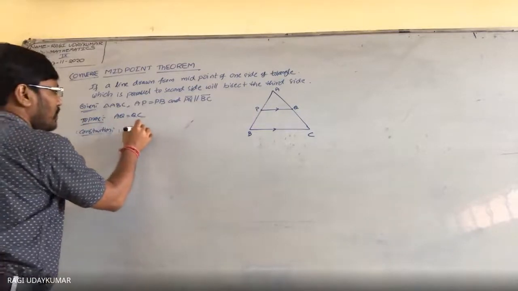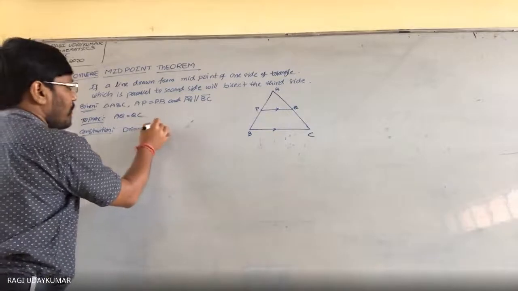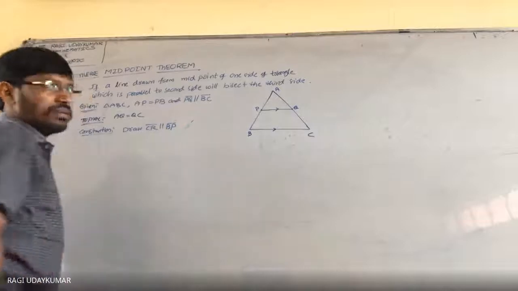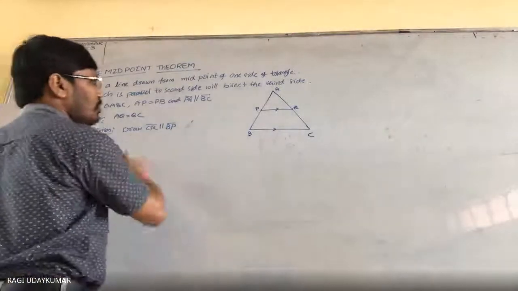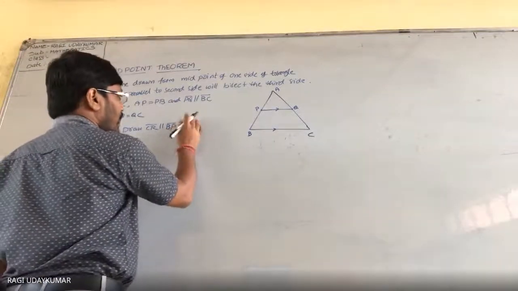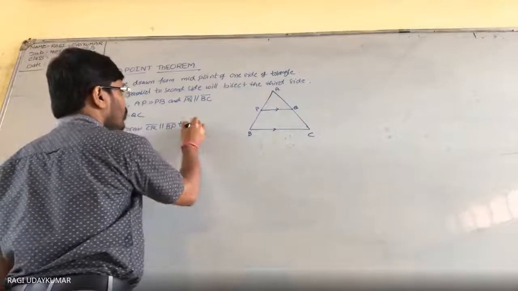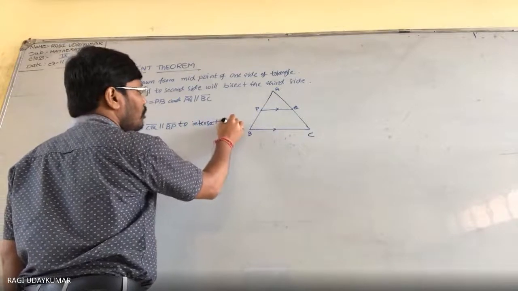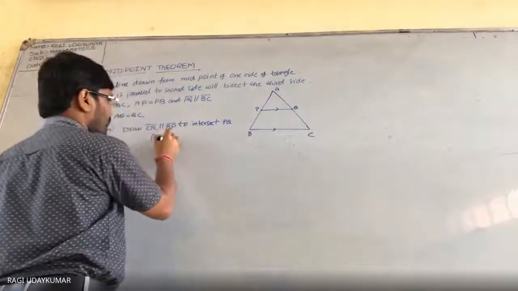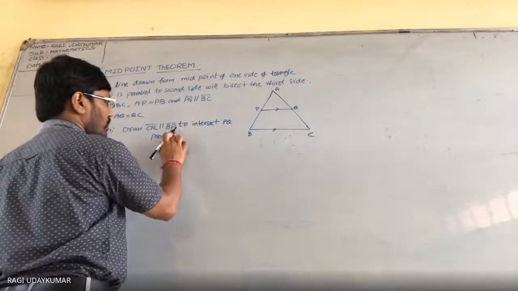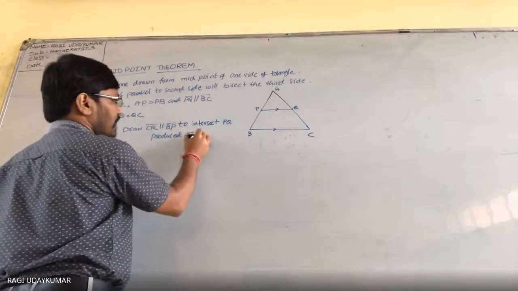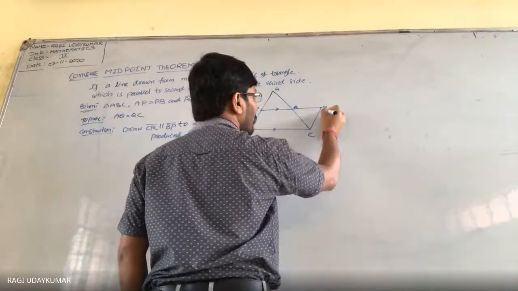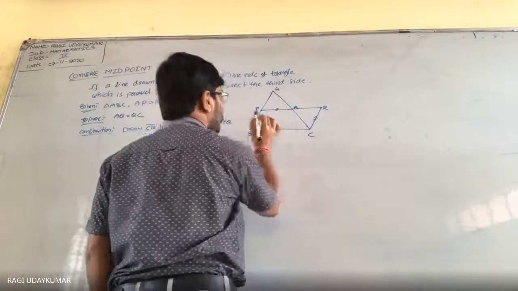Draw CR parallel to BP, to intersect PQ produced at R. ये इसको R है, इसको प्रोड्यूस कर दिया तो इधर, तो ये पैरेलल हम लोग ड्रा कर लेंगे.